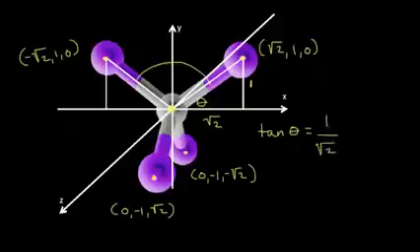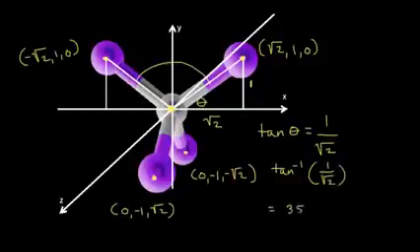So to find theta, all I have to do is take inverse tan. So I take inverse tan of 1 over square root of 2 on my calculator, and I get 35.26 degrees. So I know that theta, this angle right in here, is 35.26 degrees. And therefore, this angle is also 35.26 degrees.